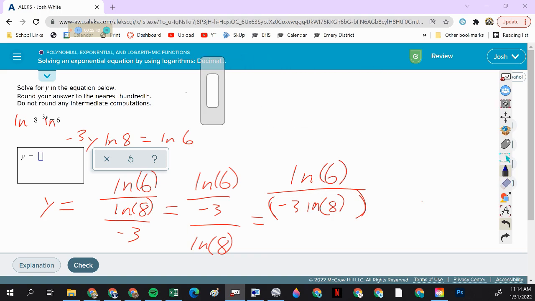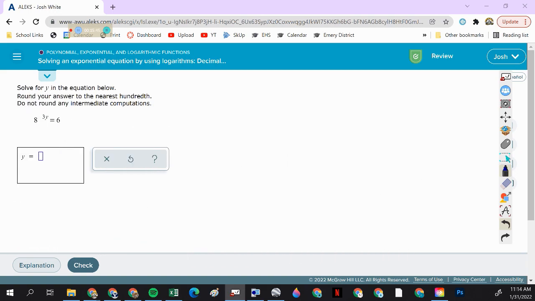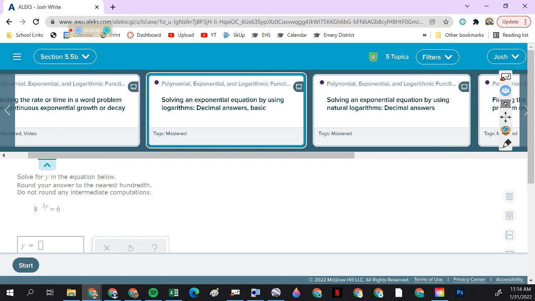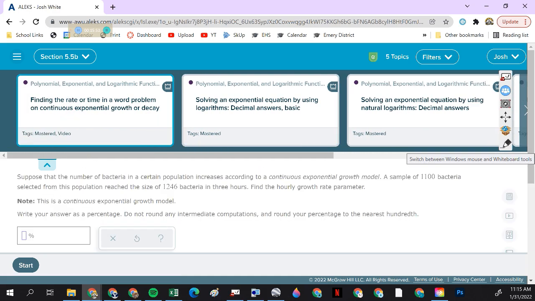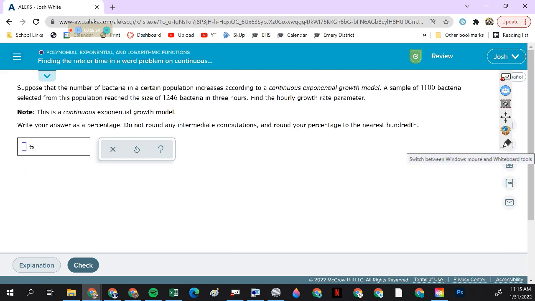All right, last problem. So, bacteria growth. This says continuous exponential model. What equation do we use for continuous growth?